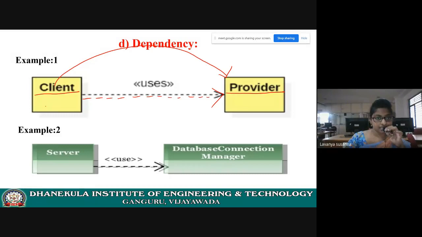Write down like this: client is a class, provider is a class, and then explain in this way. Client class is using the provider, or client class is dependent on provider. That means, if any changes are made to the provider class, that will impact the client class, because it is dependent on provider class.